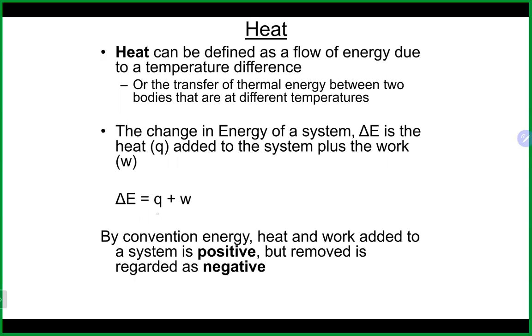The change in energy can be defined as heat, and W is work. So heat plus work will give you that change in energy. A lot of times we use energy to do some type of work, either on a system or against a system. Again, heat and work added to a system is positive, but removed when it is negative for our delta E.